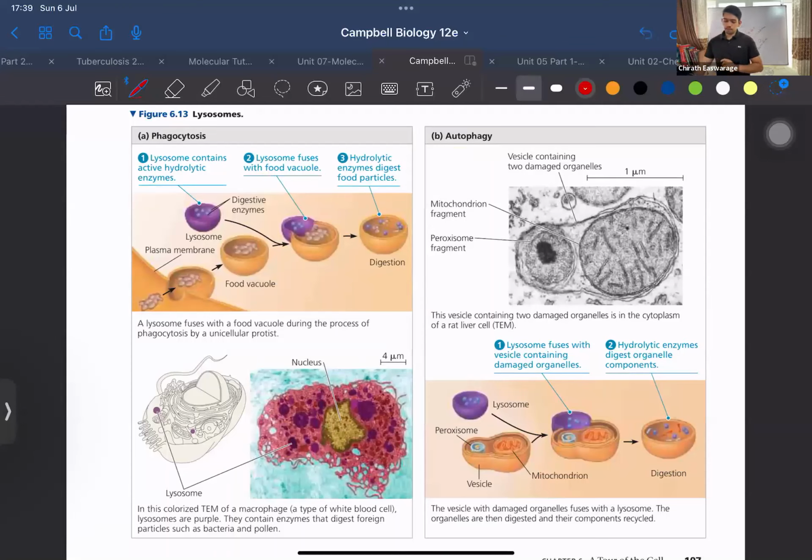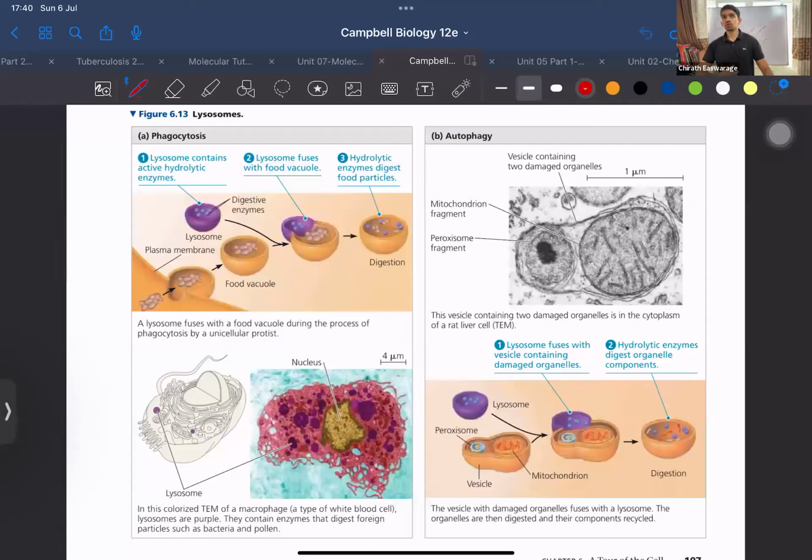Autophagy means when an organelle, right? We'll talk about these organelles such as mitochondria and chloroplast. These are very active organelles. They are always very active. Mitochondria is always making energy. The chloroplast is always doing photosynthesis. So with time, these organelles can get damaged, right?